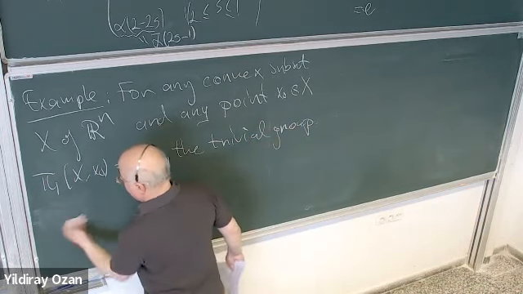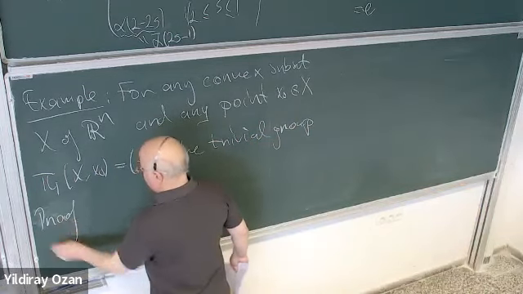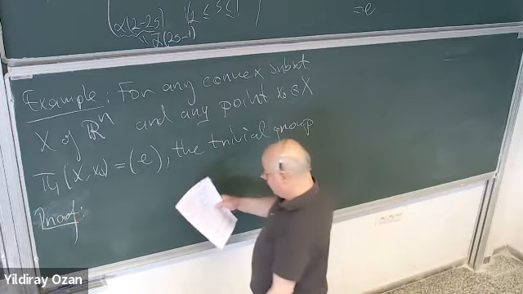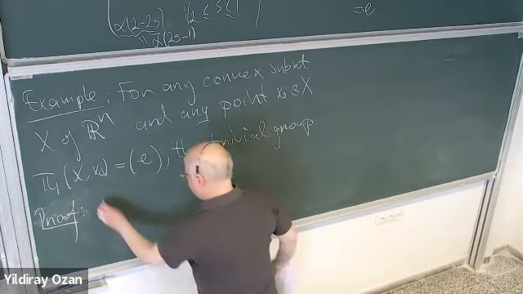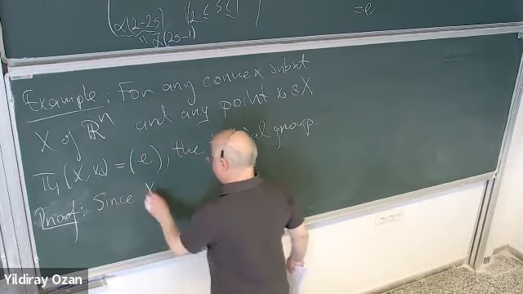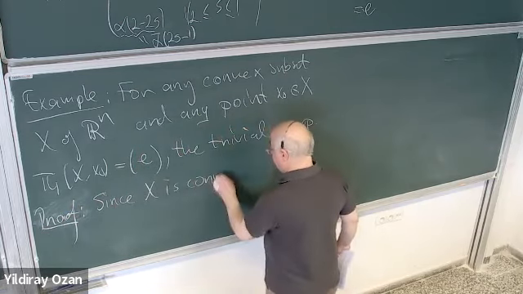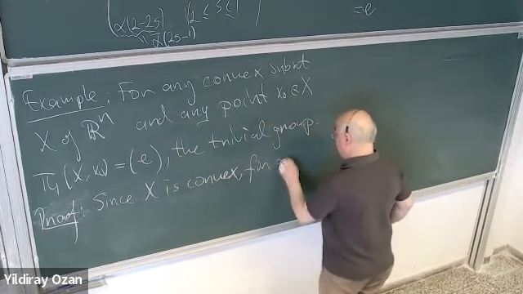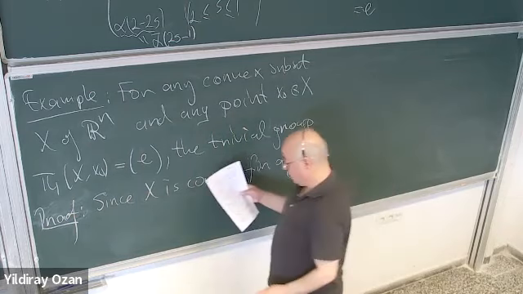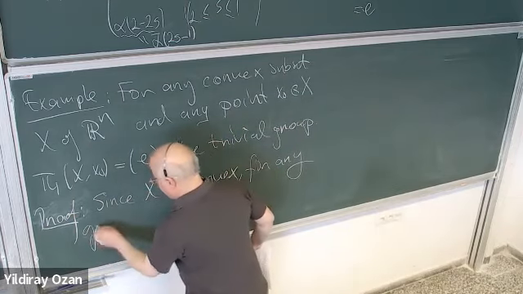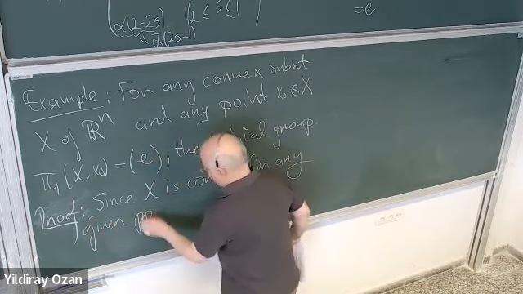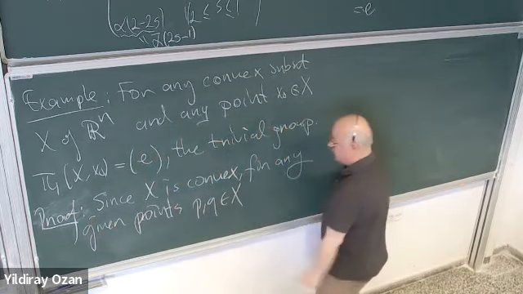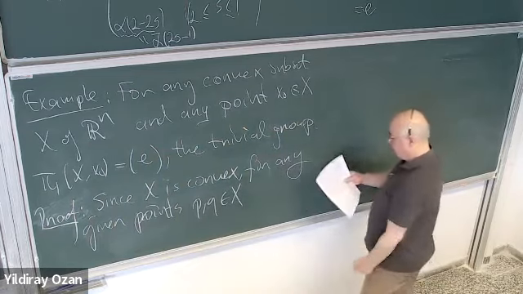Proof. Now X is convex. Since X is convex, for any given points P and Q in X, X contains the line segment.